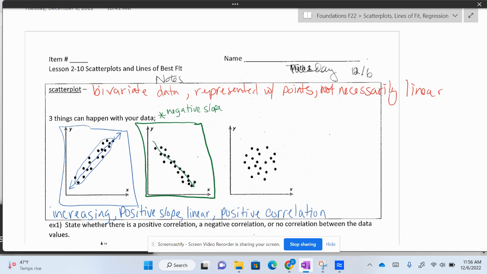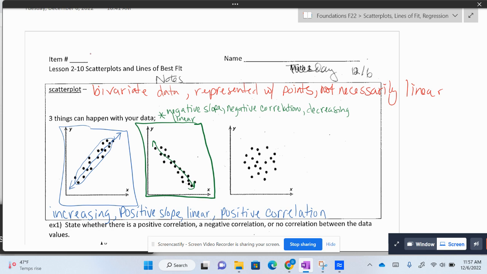We could almost draw a line through that. I totally agree. So this is linear. What kind of correlation do you think it has? Yeah, negative correlation. Is it increasing or decreasing? It's decreasing.